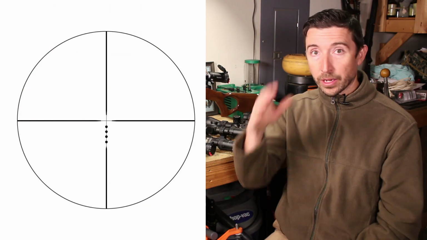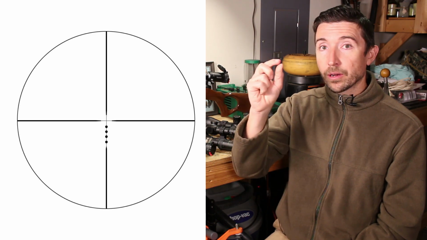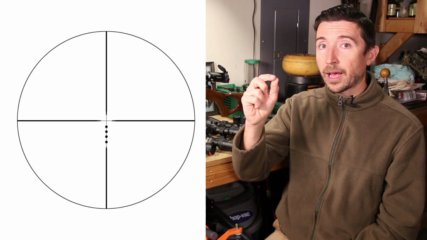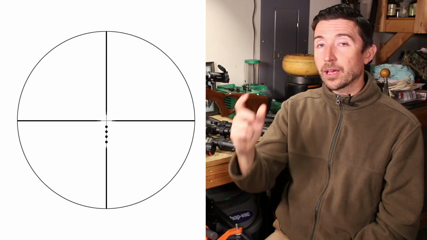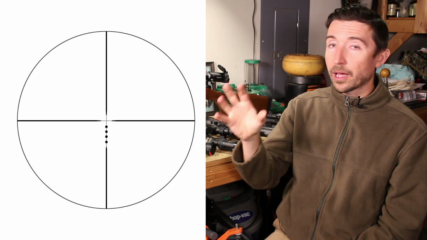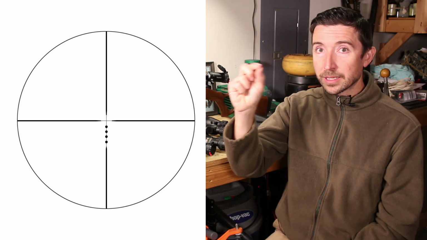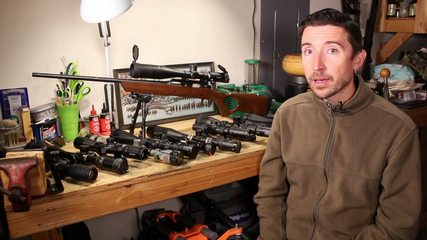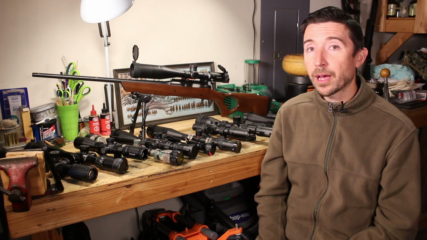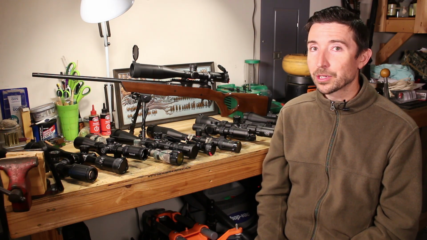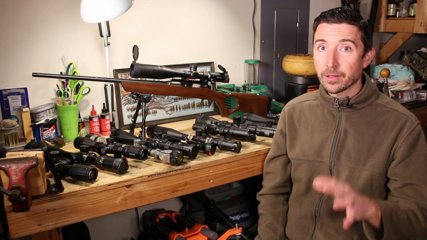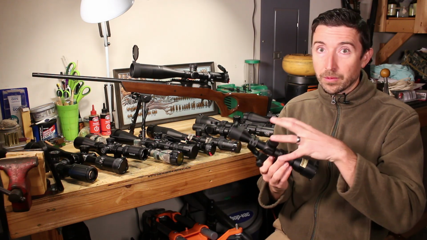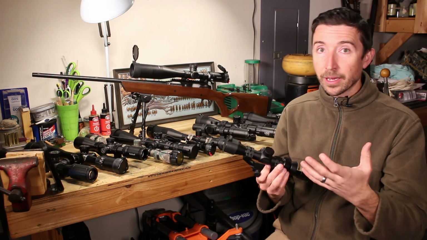The dots on here, okay, so you have a regular crosshair, but it also has dots that aren't at kind of fixed intervals. And what this is for is allowing you to designate distances for each of those dots. Using one of the applications that they have, you can do this math yourself if you like, but it's usually a lot easier to grab one of the applications that Nikon or Bushnell has set up.